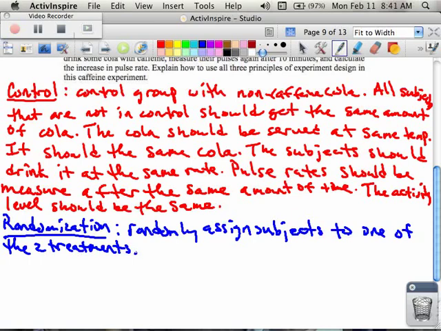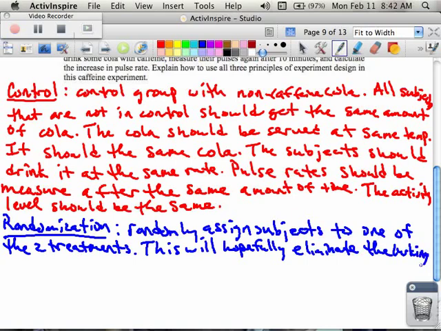So this might speak to what you were talking about before. There were some things we didn't mention. So when you randomly assign these people, this will hopefully eliminate the lurking variables, possibly weight of subject, and the other one you mentioned was caffeine tolerance?